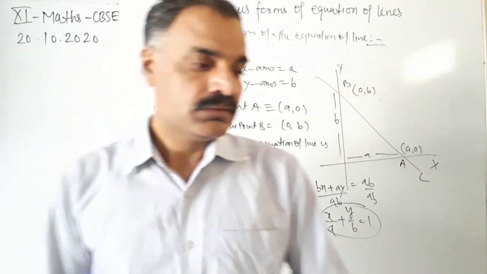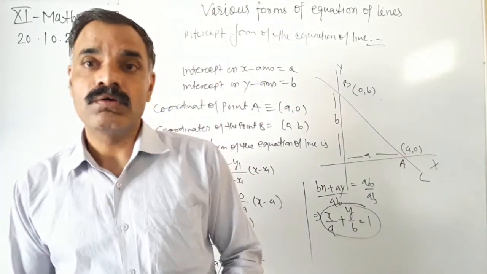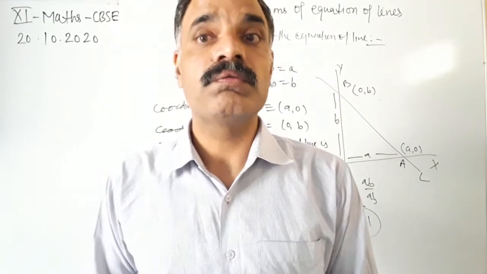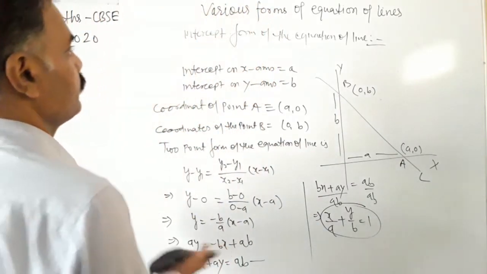Okay, so the next form of the equation of a line is the normal form of the equation of the line.